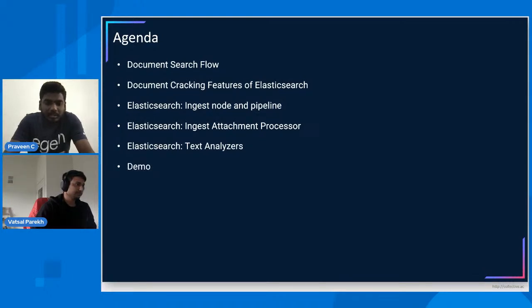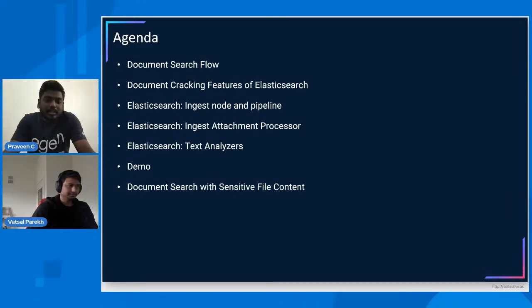And we'll have a hands-on demo session after those. And then we'll see how to securely store the information in Elastic. Say your organization has some kind of compliance issues, like HIPAA compliance, or cannot openly store the contents of the file. So what can we do in those scenarios?